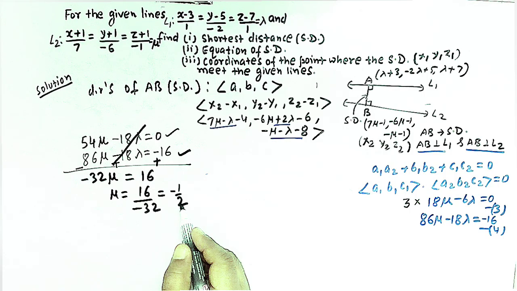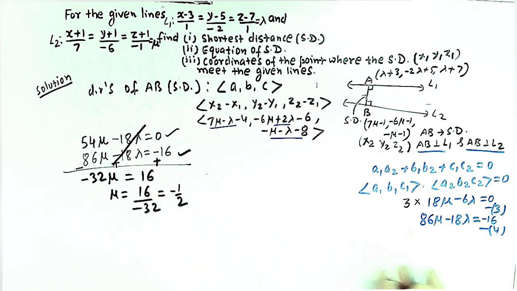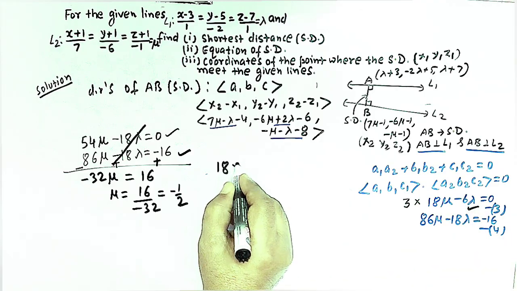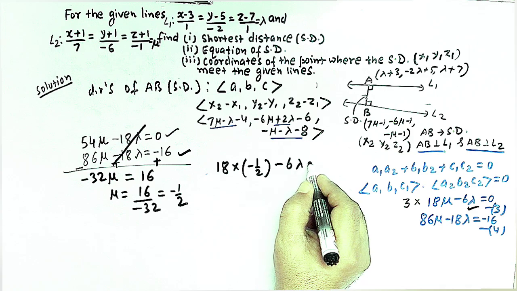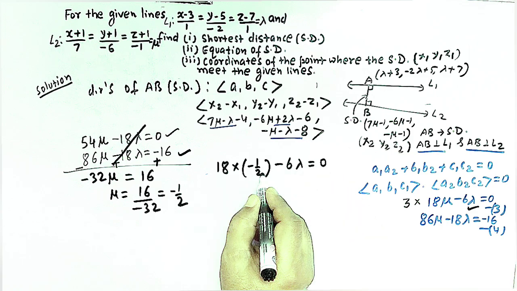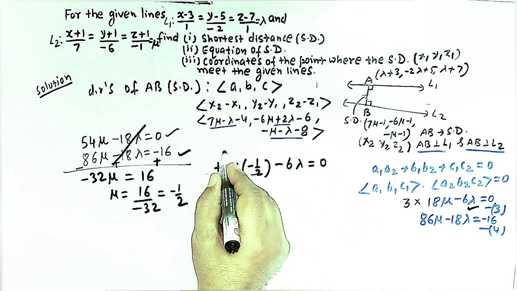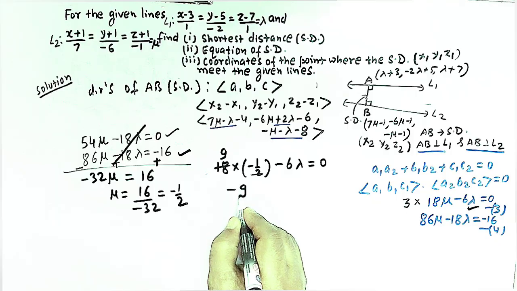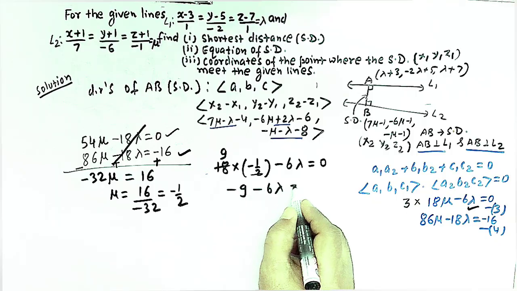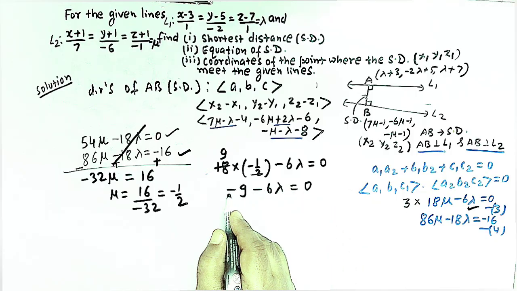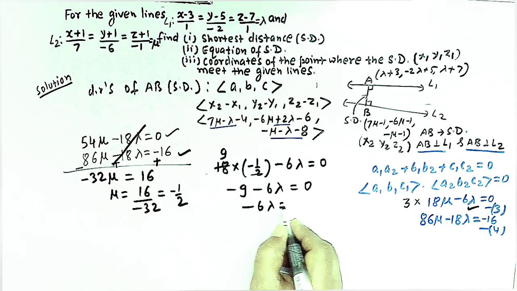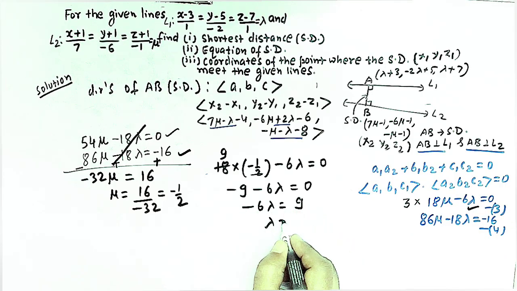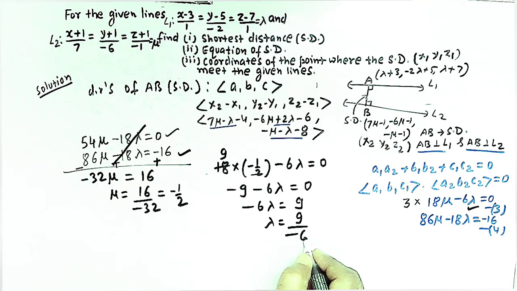So now let us substitute mu is equal to minus half in this equation. So we have 18 times minus half, then we have minus 6 lambda is equal to 0. So here we have 9. So we have minus 9 minus 6 lambda is equal to 0, taking minus 9 to the right hand side. So we have here plus 9, and lambda is 9 over minus 6.